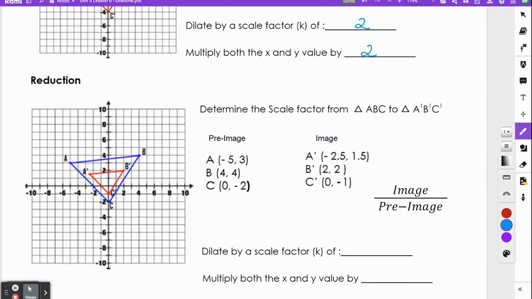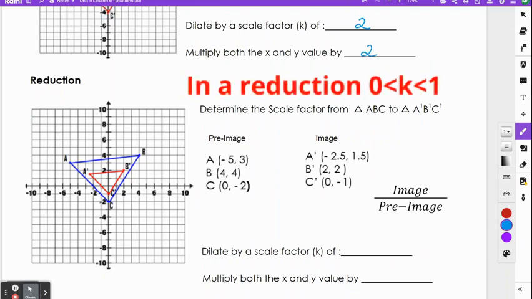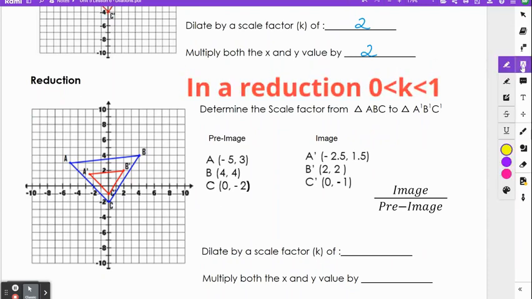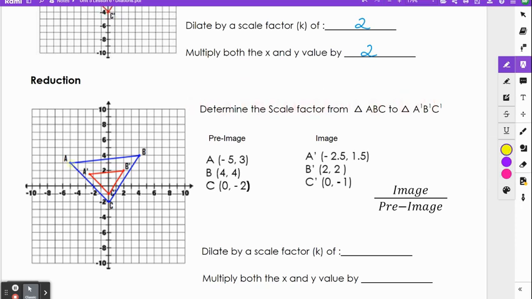Now for a reduction, we are going to be having a value of k that's going to be between 0 and 1. We're reducing the figure. So we're starting with the pre-image that I'll put in yellow here, and we are going to A prime, B prime, C prime.